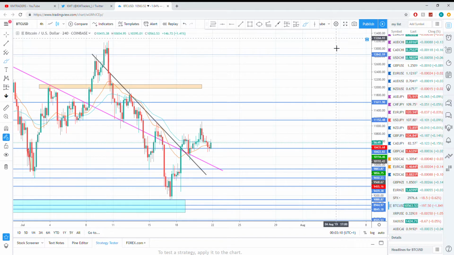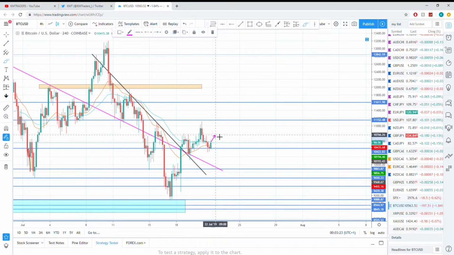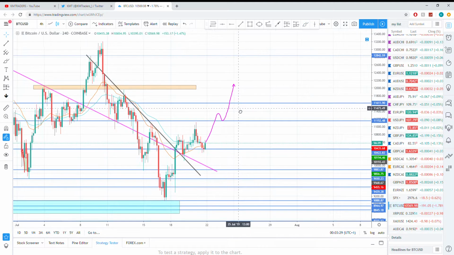But in case you're watching this video tomorrow, after this has passed, I'm assuming that this opportunity would be gone. So what we could next look for is the next possible entry, potentially at this level here, and then we can get a higher point up.